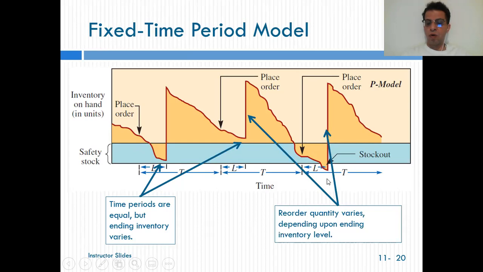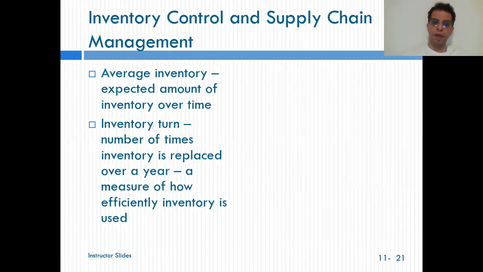And the reorder quantity varies depending upon the ending inventory. So notice here, if you do a calculation of inventories and take the differences, you are back ordered. So that's what you call the P in the periodic models.